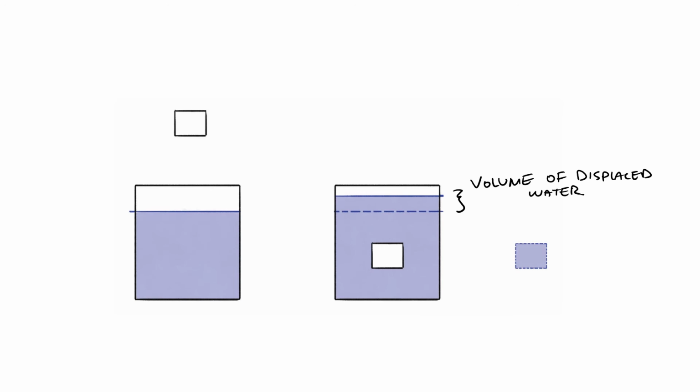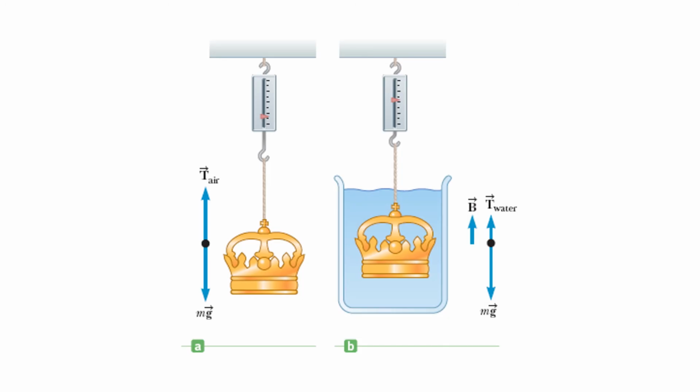And since this object sinks, it's displacing its own volume of water. That's why I have that separate cube over to the side. It's displacing that much. It pushes that much up. No, I'm not going to make you redraw this. So we have that. I might start at that point next time.